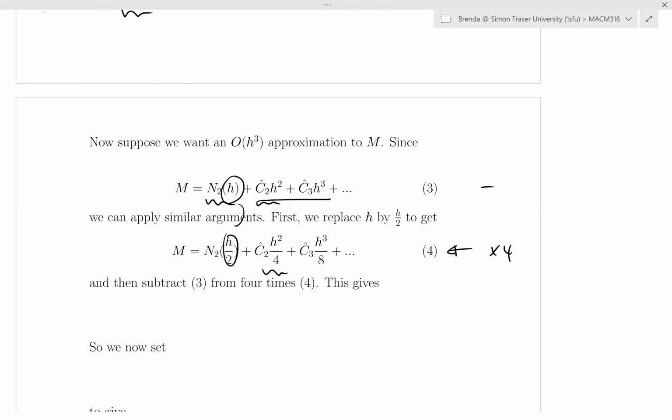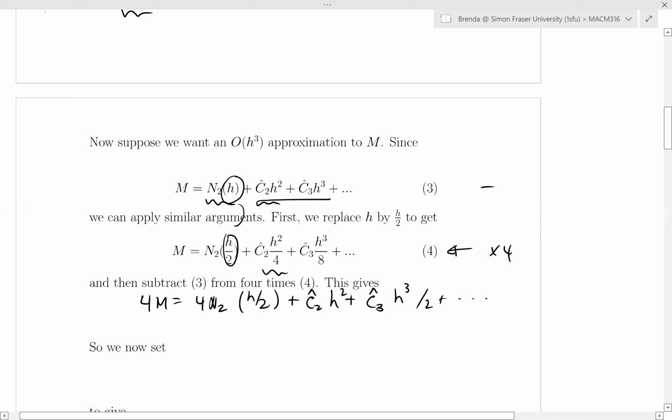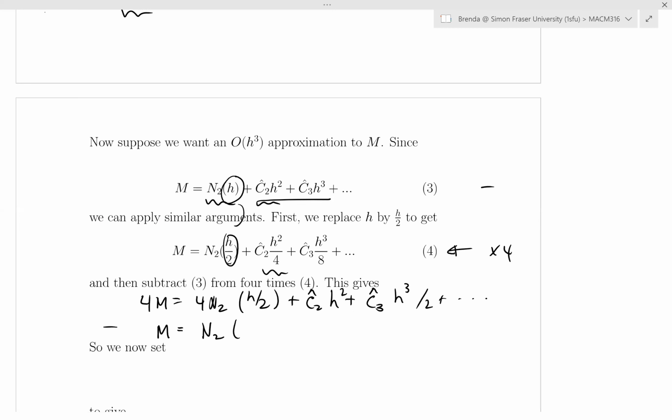Let's see, I'll do that. 4M is then going to be 4N2 of H over 2 plus C2 hat H squared plus C3 hat H cubed over 2, and there's more terms. And then I'm subtracting. That's 4 times equation 4, subtracting equation 3. That is N2 of H plus C2 hat H squared plus C3 hat H cubed plus dot, dot, dot.